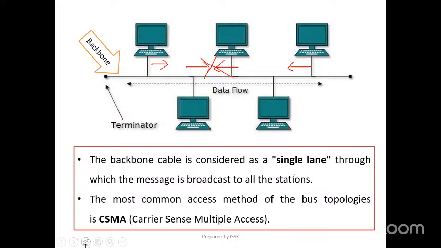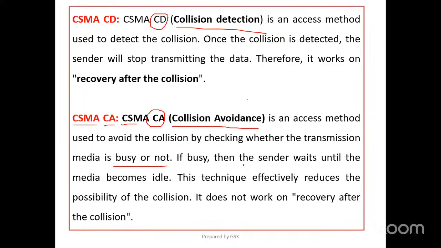For example, this node wants to send data. Before sending, CSMA CA is used to sense this backbone cable. If there is any data, it stops the sending. If there is no data available on the main cable, the backbone cable, it starts sending the data. So this is very useful to avoid the collision.